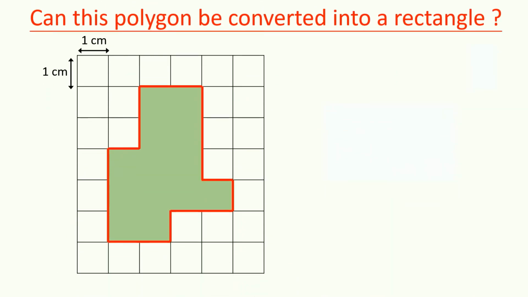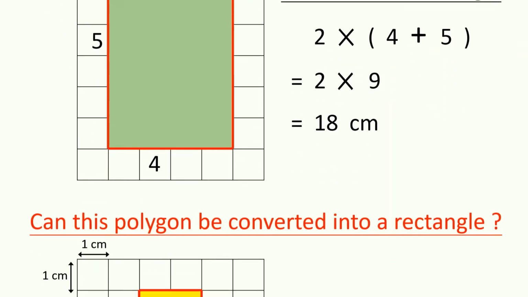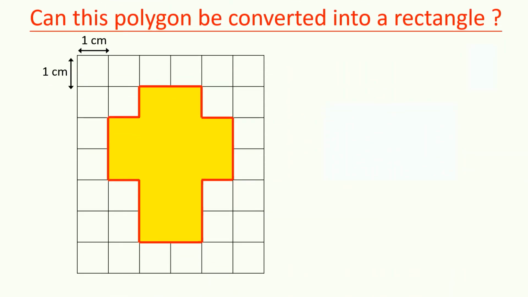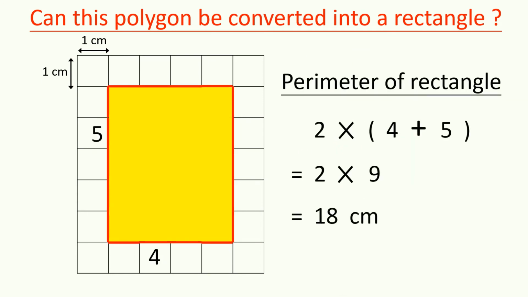The same question is asked for the next two polygons, and each can be converted into a rectangle, with a perimeter of 18 centimeters.